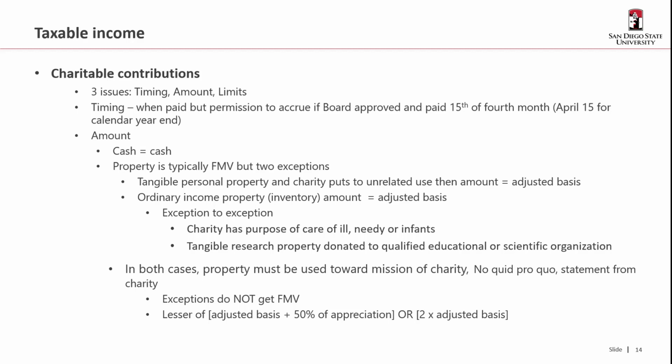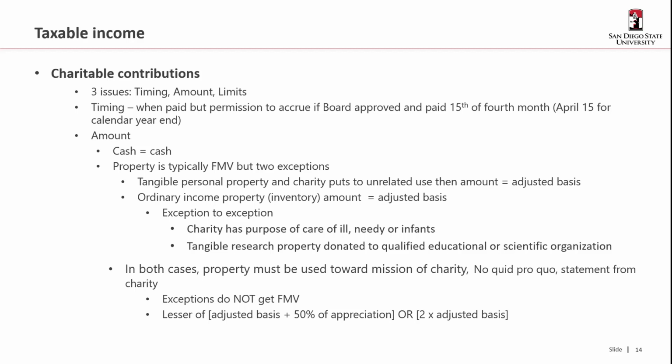One is if they donate tangible personal property and that charity puts that to an unrelated use, then the amount that the corporation deducts is only the adjusted basis of that tangible personal property. So let me give you an example. A piece of tangible personal property might be something like a copier that it owns, right?